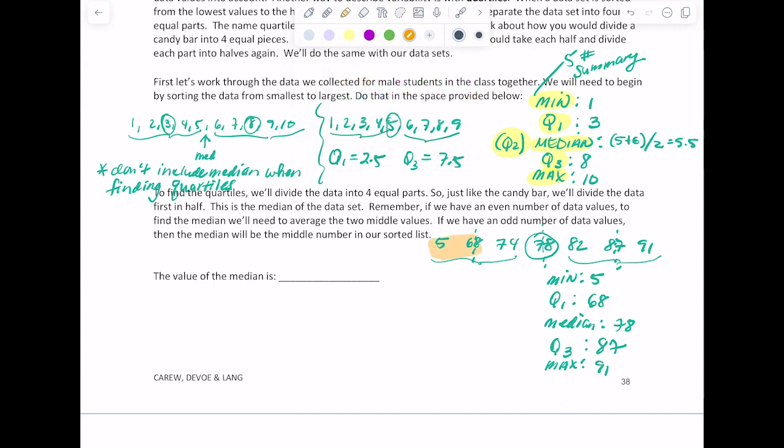So here's your first part of the data, and then here's the second part, and then here's the third part, and then here is the fourth part of the data. Okay, so it cuts it into 4 equal parts.